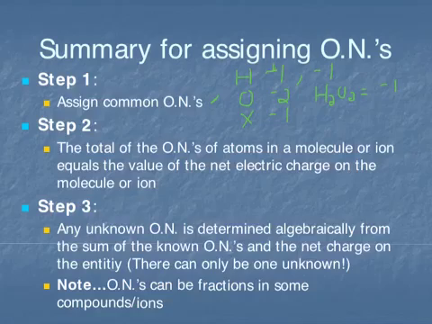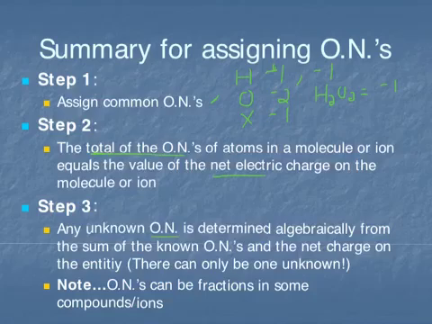Step 2 is to remember that the total of all the oxidation numbers of all the atoms in a molecule or ion equals the net charge of that molecule or ion. And the third step is that if you have any unknown oxidation number for any atoms, you can determine it algebraically because of step 2 and step 1.